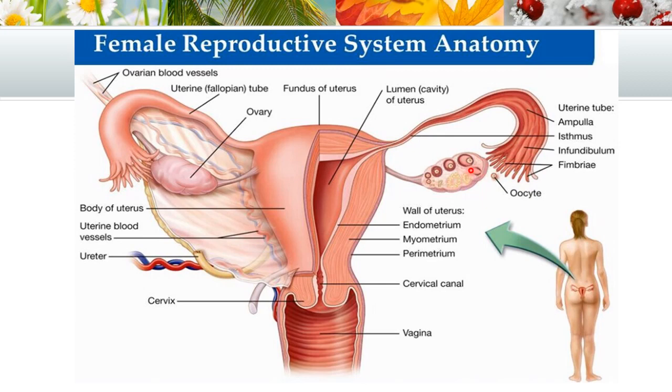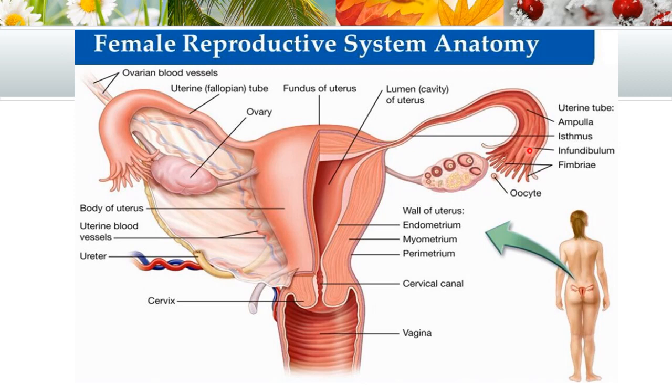So there are two uterine tubes or the fallopian tubes, right and the left. These uterine tubes have two ends. The one end opens into the horn of the uterus, and the other end is the fimbriated end, which opens into the peritoneal cavity. Now, for description purposes, it is divided into different parts.